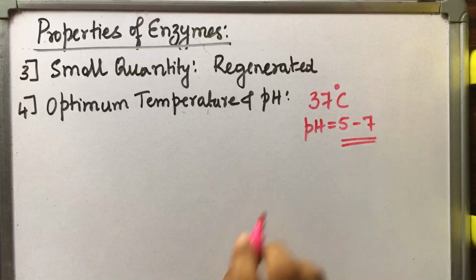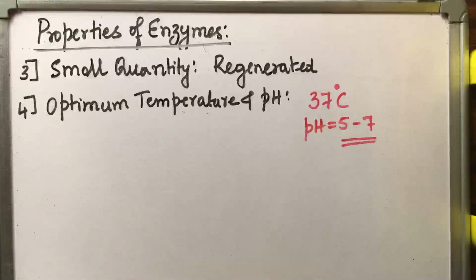It's slightly acidic. So the optimum temperature for maximum efficiency of the enzyme catalyst is 37 degrees Celsius and the pH is 5 to 7. I think this point is clear, students.